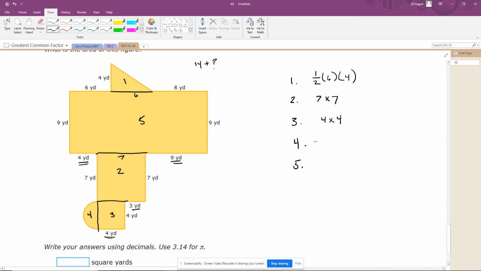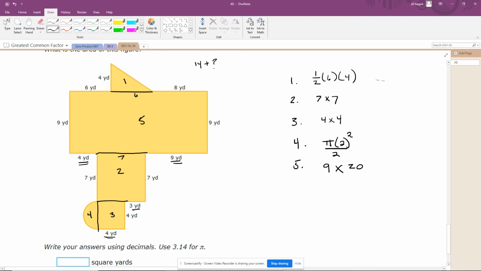Number 4 is half of a circle. The area of the circle is pi r squared. We know the radius of that is 2. And then we're going to divide that by 2 because we're looking for half the circle. And lastly, 5 is the big rectangle, which we know one side is 9. And we already figured out that the total of it was 20.